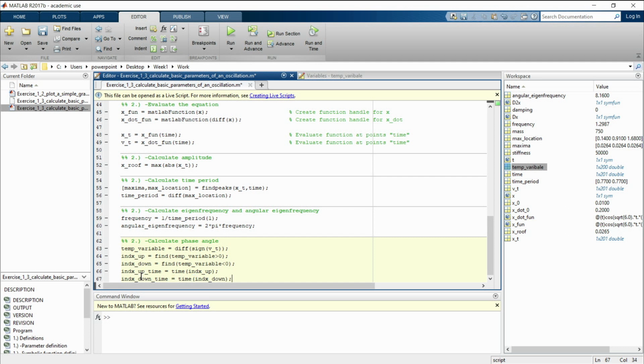Now index uptime and index downtime should give us all the times where we have a zero crossing. And of course we want to get the first zero crossing point, and therefore we have to find the minimum of these two values. And for that case we can use the minimum function of Matlab.